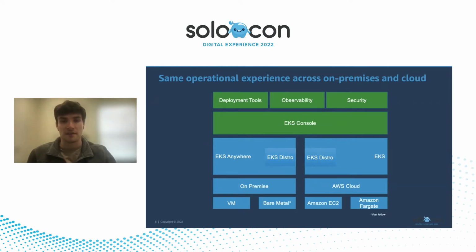And then the biggest difference would be what hardware you're running on, because on premise you have your own bare metal VMs, VMware, whereas on the AWS cloud you're using Amazon EC2 or Fargate most likely. But from the operational perspective of managing a cluster, it should feel like the same experience. And that's really what we're going for: when you type kubectl, it feels exactly the same as Amazon EKS.